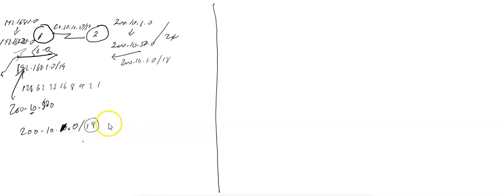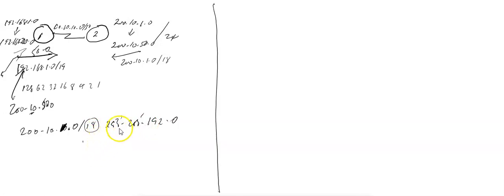In decimal notation, it's going to be 255.255.192.0. The way router 1 will process it, router 1 will need to determine all the IP addresses, all the individual addresses, contained within that summary route.